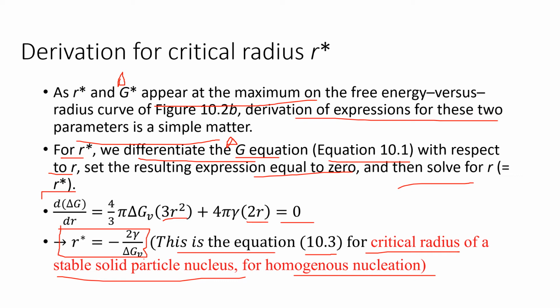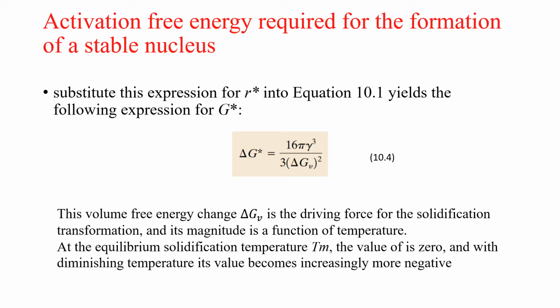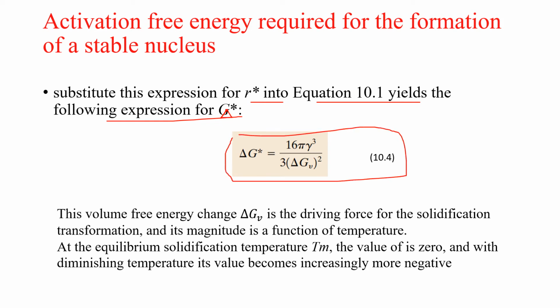Critical energy: the activation free energy required for the formation of a stable nucleus. How can we get the activation free energy? Substituting the expression for r star into equation 10.1 yields the expression for delta G star, which is equation 10.4.